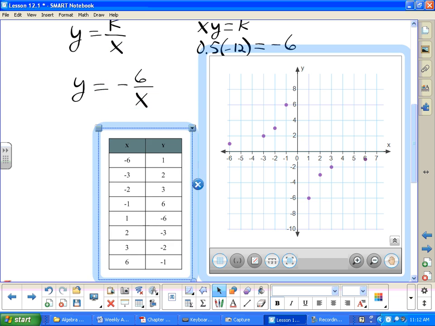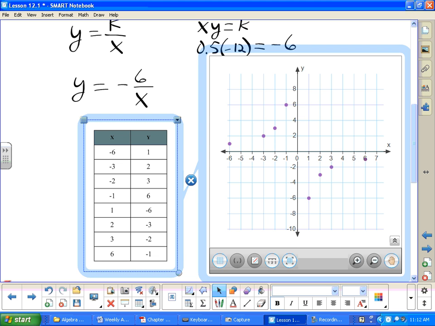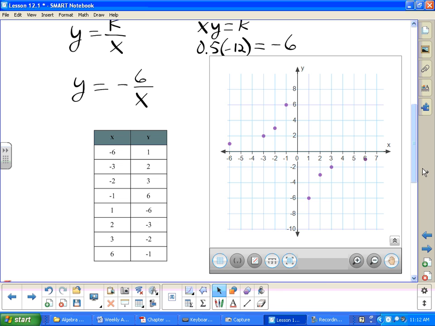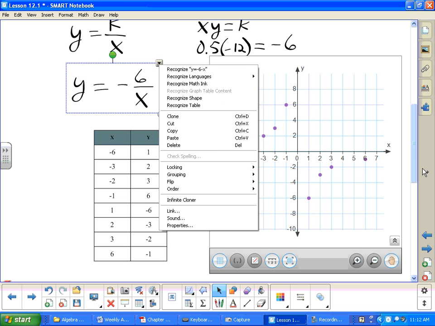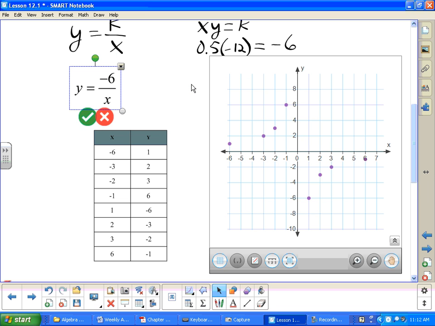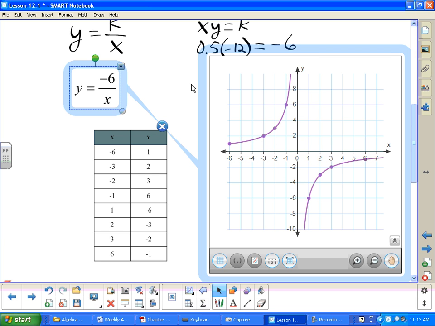They are the factors of k. They're the factors of k. And so then I would just draw my lines. Let's see how good I am today. It's pretty good, huh? I got perfect lines today.